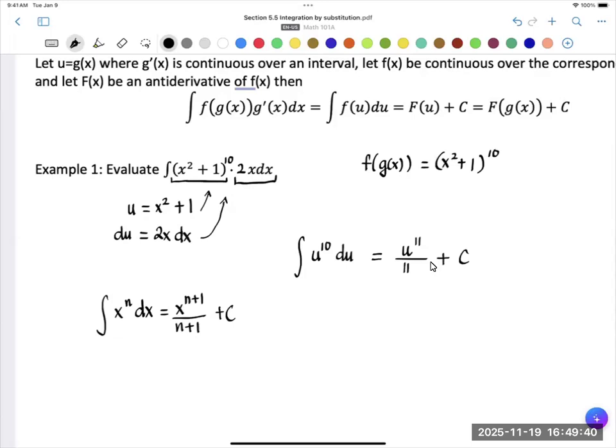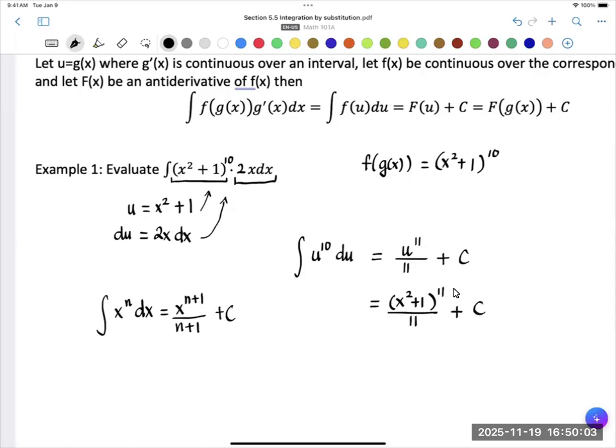But we don't leave our answer like this because our problem has the variable x. u is just the variable we use to make the integral easier. So we replace u back with x squared plus 1, and we have x squared plus 1 to the power 11 over 11 plus c.